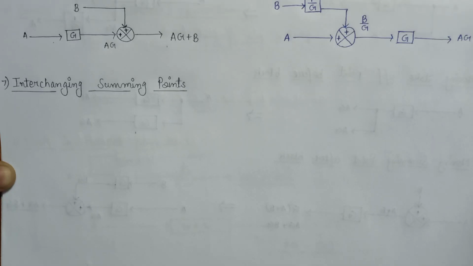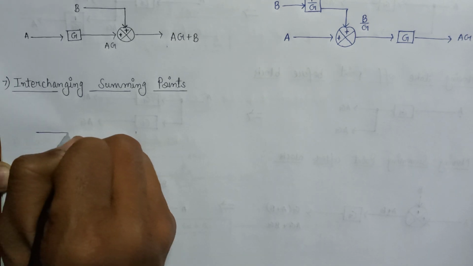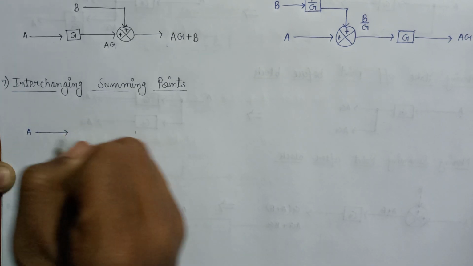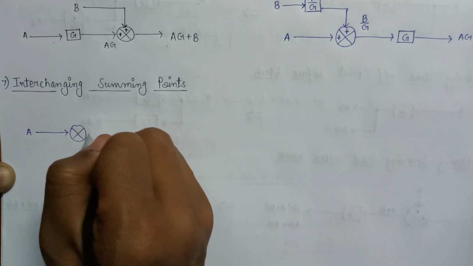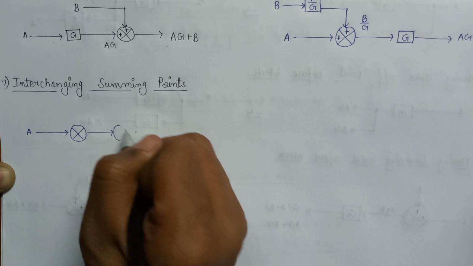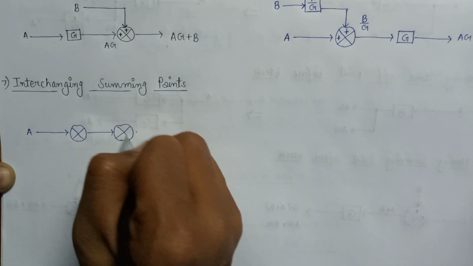Now have a look at rule number 7, that is interchanging of summing points. We just have to discuss what will happen if we interchange the summing points. So here is an input, that is A, applied to summing point 1, and here is another conjugate summing point.